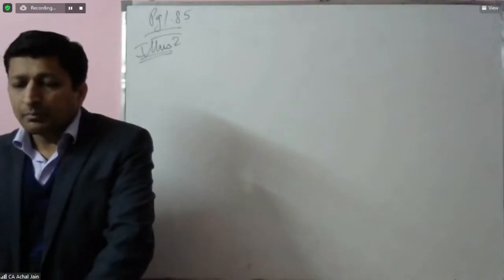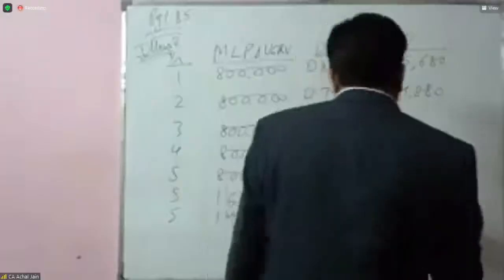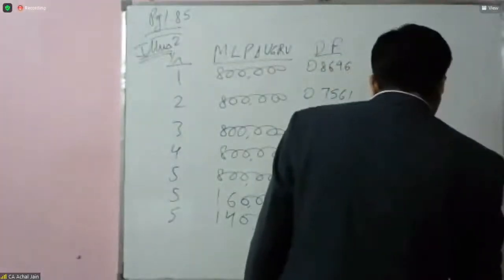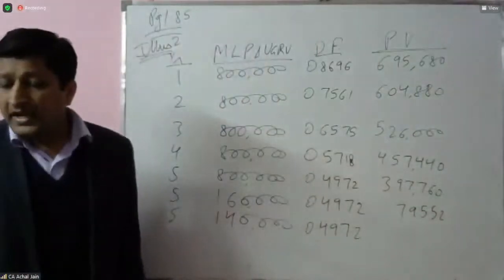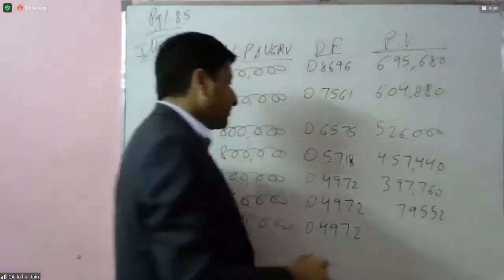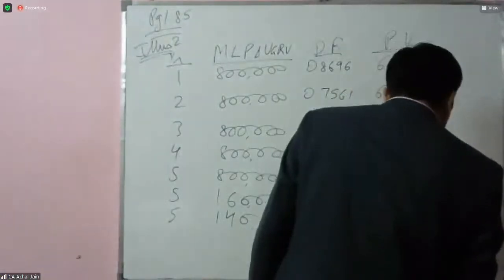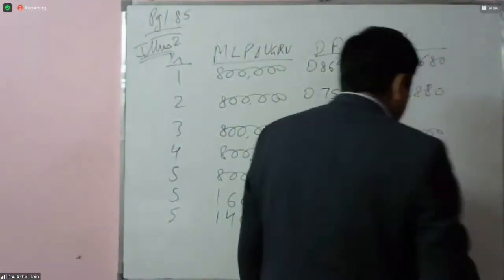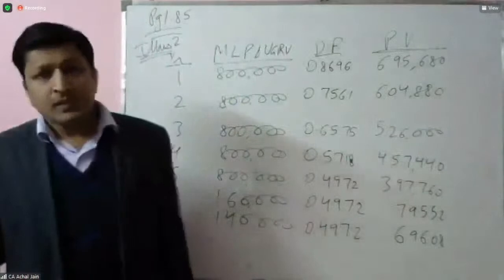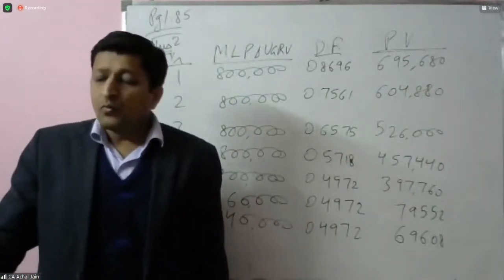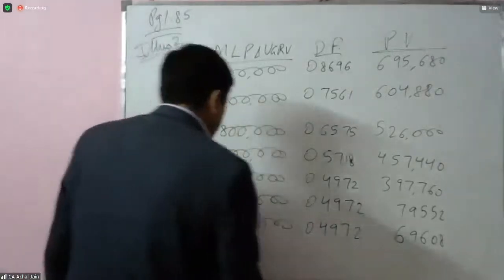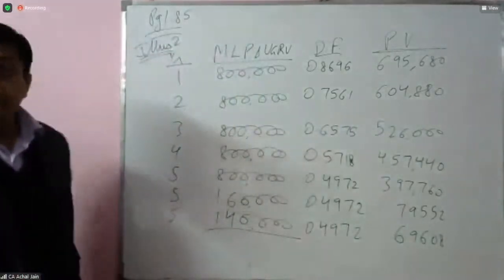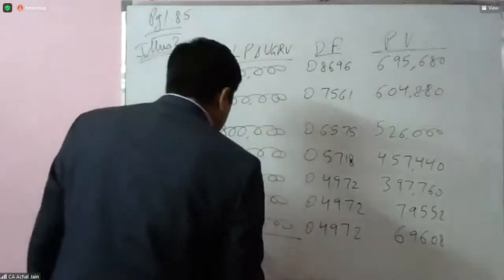Quickly, can you start computing the unearned finance income? And then we get 69,608. Okay. So now, what is unearned finance income? Sum of these. Sum of these is what? 43 lakhs.